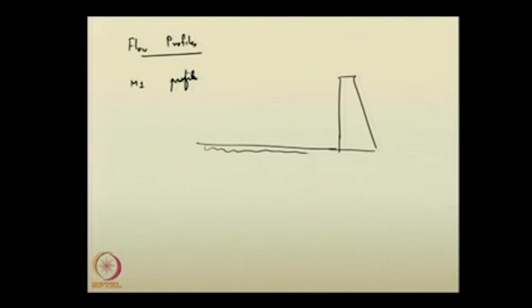You can see the M1 profiles. If there is a uniformly flowing mild slope channel, say this is your critical depth line and this is your normal depth line, and you construct a dam, then the M1 curve is observed in the upstream of this dam, in the following form.